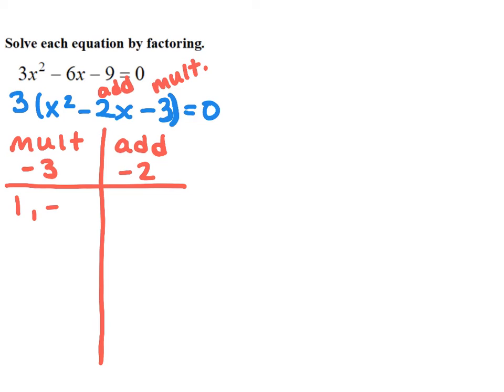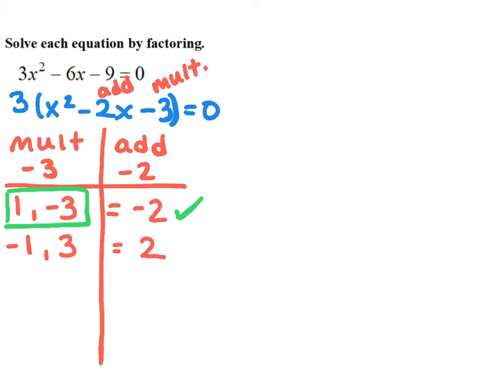So I'll have positive 1 and negative 3, or negative 1, positive 3. And 3 isn't divisible by 2, so those are all my options. If I add 1 plus negative 3, I get negative 2. Negative 1 plus 3 is 2. So this is the only one that works, so I have 1 and negative 3.